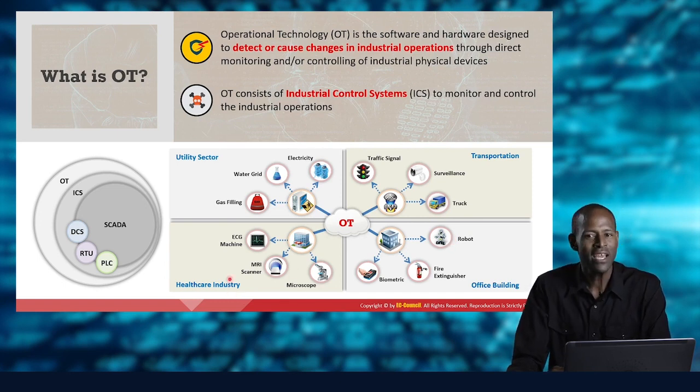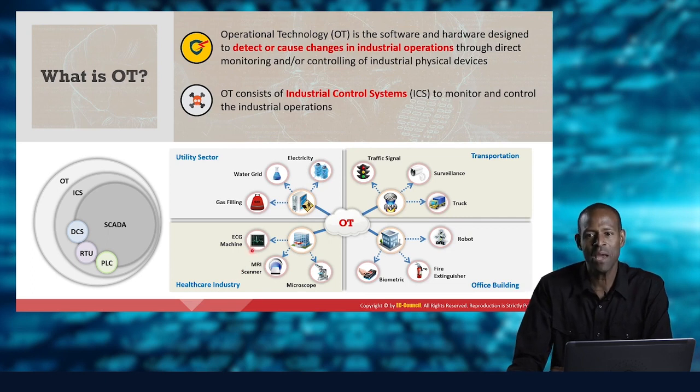And we have things like in the hospital, ECG, MRI scanners, microscopes, and even medications and implantable items that are themselves OT. And if we look at this series of diagrams here, OT encompasses industrial control systems, including PLC, RTUs, DCS, and SCADA, which we'll look at in just a moment.